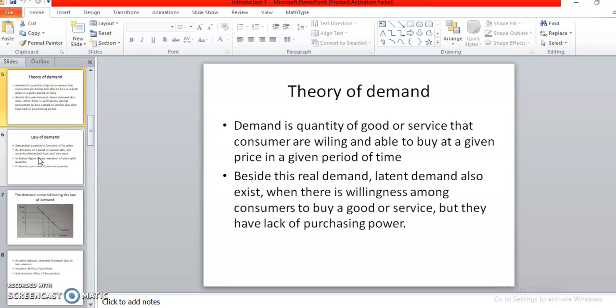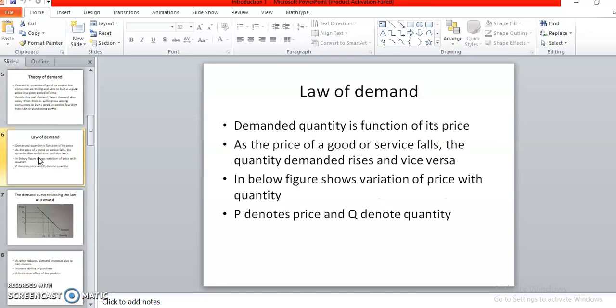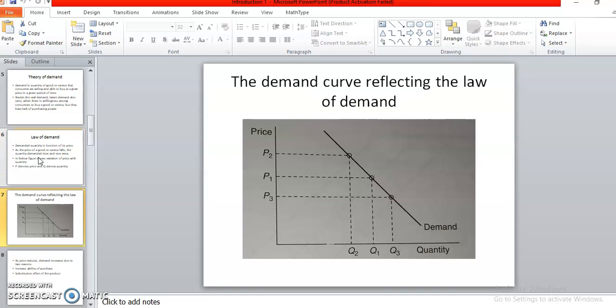So demand is the willingness of the customer to buy a particular product at a certain price in a particular period of time. Again, it is a function of price and supply. This is shown in this graph.